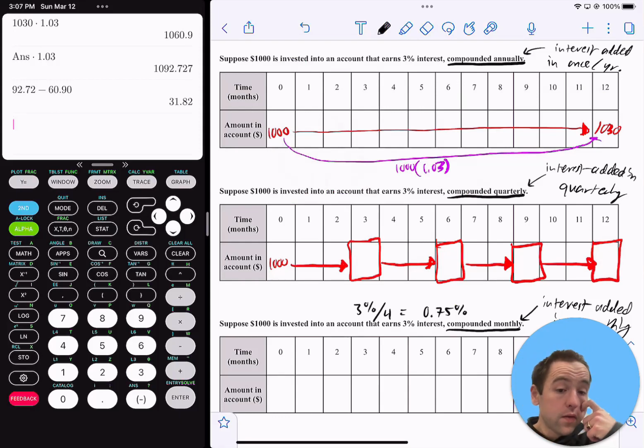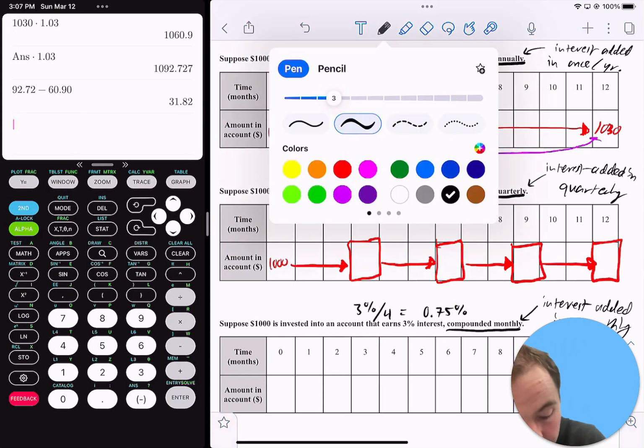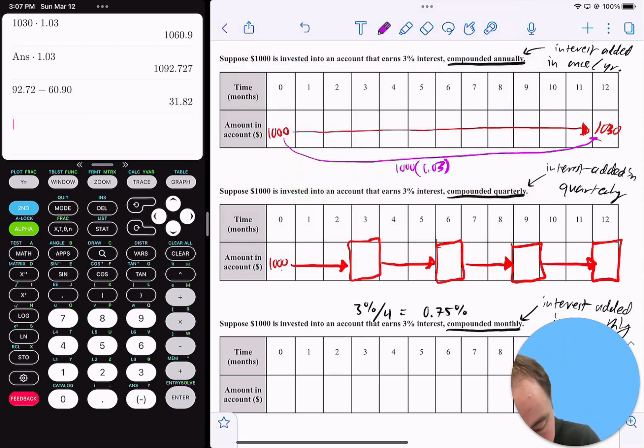That 0.75% is the amount of increase you're going to have each quarter. So this $1,000 will be increased in just the first 3 months by a rate of 0.75%. What we're going to do there is multiply it by 1.0075 to increase that $1,000.